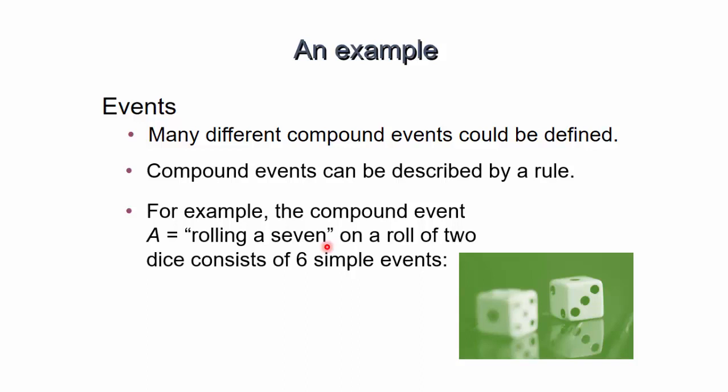So 1 plus 6 is 7. Or die 1 has 2 and die 2 has 5. 2 plus 5, 7. So here is a list: 1, 6, 2, 5, 3, 4, and they could repeat, as in the first die having 4, the second die having 3. So now these are 6 simple events which constitute a compound event called having a 7.